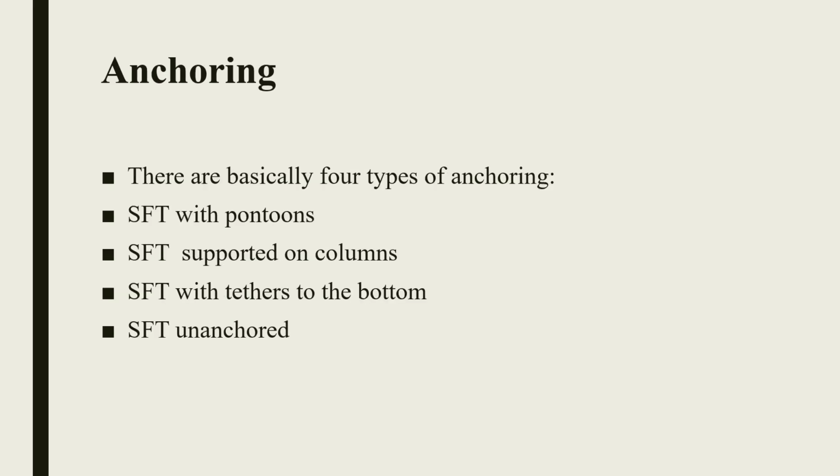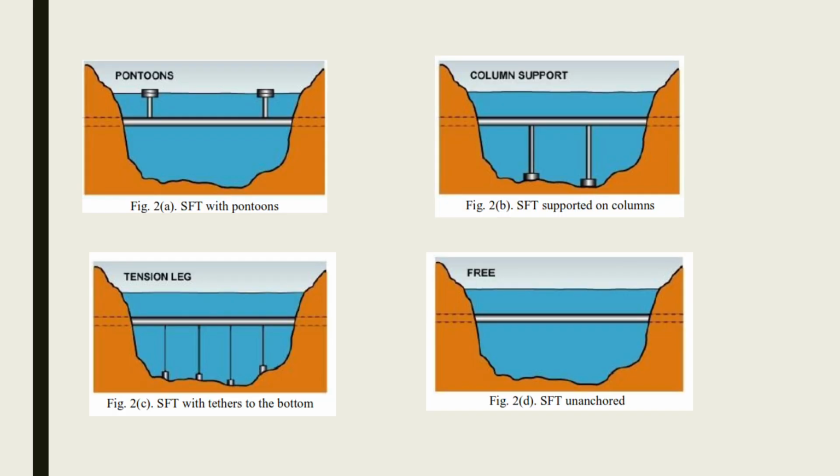Anchoring can be done in four ways: SFT with pontoons, SFT supported on columns, SFT with tethers to the bottom, or SFT unanchored. As we can see in the image, pontoons are floating structures which help the tube to remain submerged inside the water.